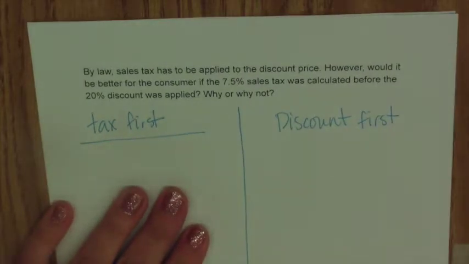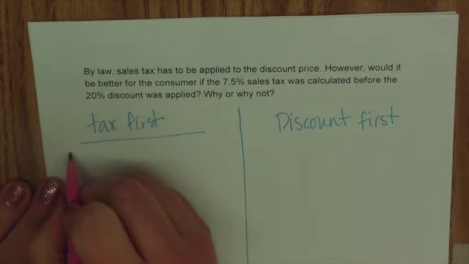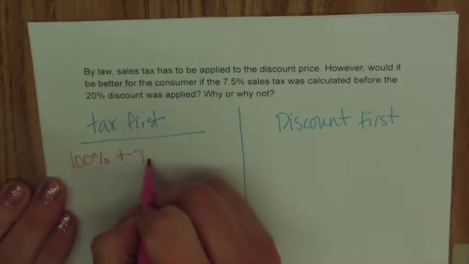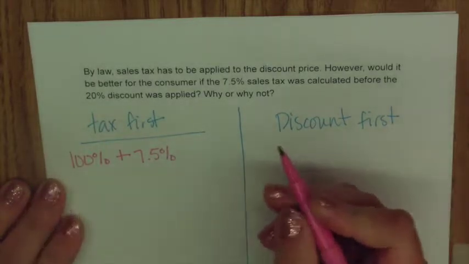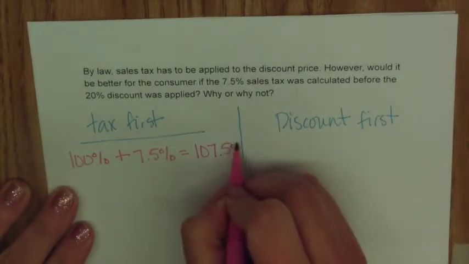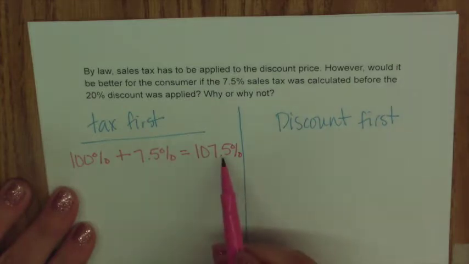All right, so let's work on our tax first. So when we pay our taxes, we have to pay the entire amount plus the 7.5% sales tax, which when we add these together is 107.5% is what we are paying. So we need to change this into a decimal. So we move our decimal point over 2.